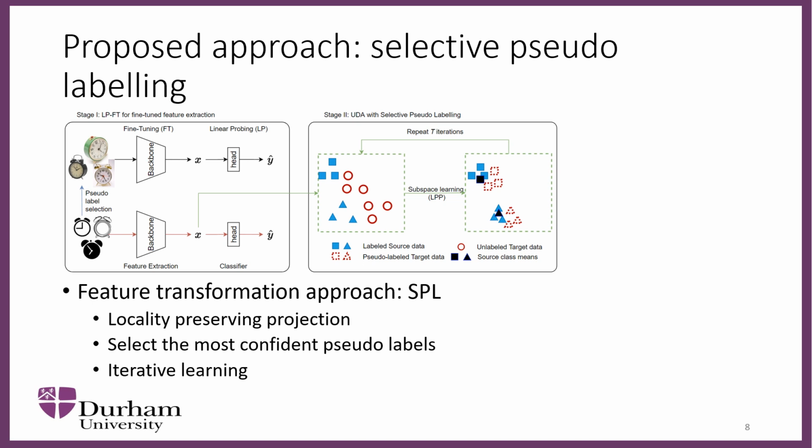To learn a better subspace using LPP, the unlabeled target data are selectively pseudo-labeled so that they can contribute to the learning as if they are labeled data. The subspace learning and pseudo-labeling are iterated for a certain number of steps, and the final target data classification can be done in the learned subspace.